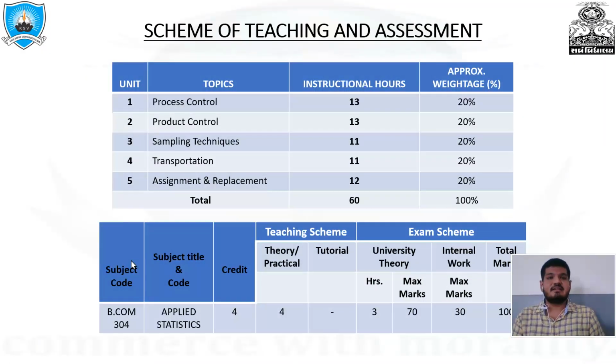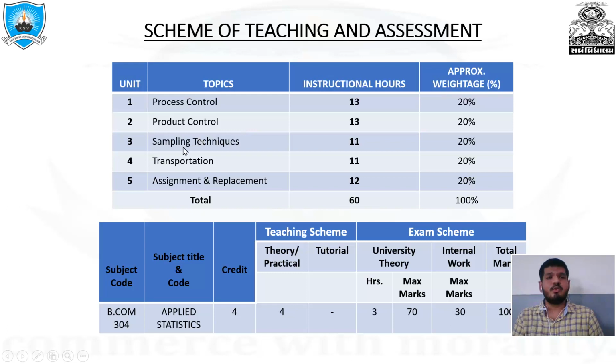So let us understand the scheme of teaching and assessment. This subject is divided into 5 units. Unit 1 is process control, and 13 hours is allocated to this unit and 20% weightage is given to it. Unit 2 is product control, same 13 hours of work allocation and 20% weightage. Unit 3 is sampling techniques, 11 hours is allocated and 20% weightage is given.